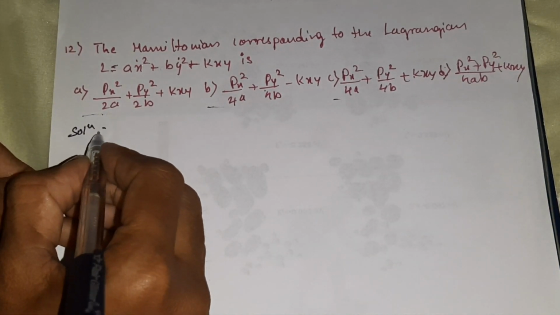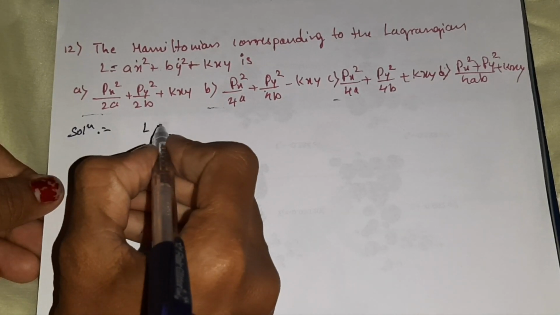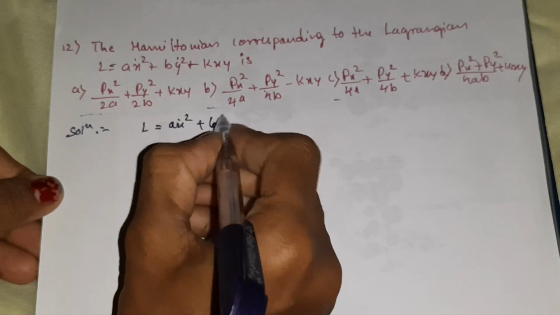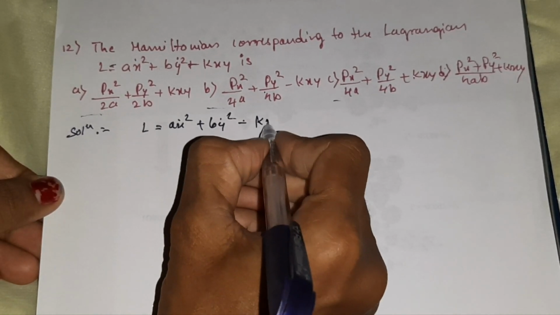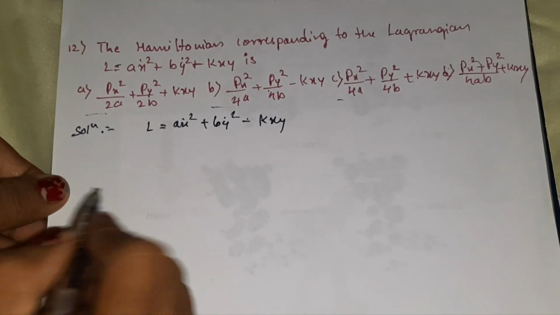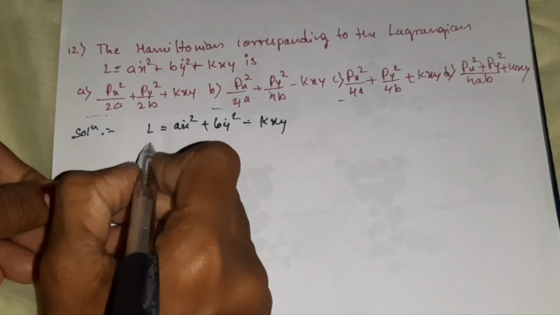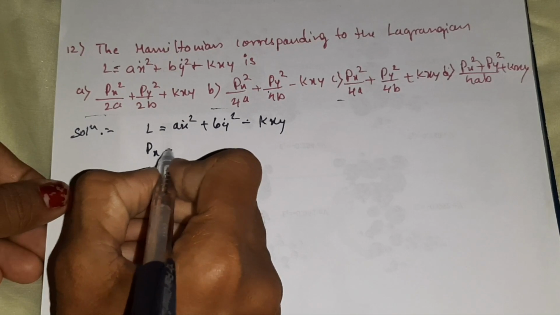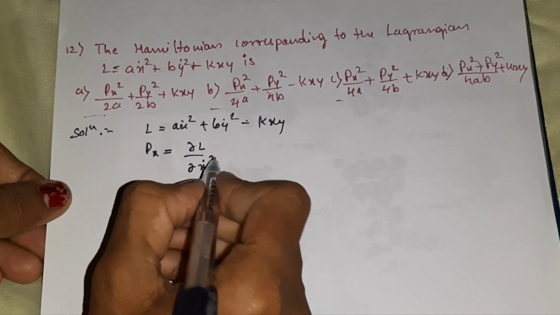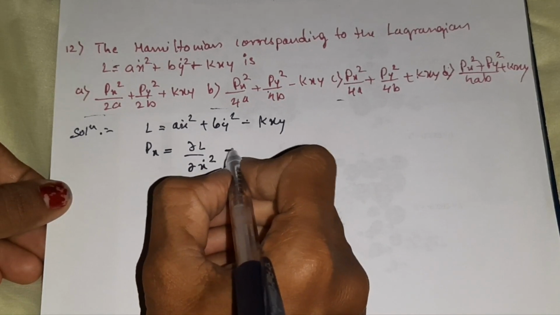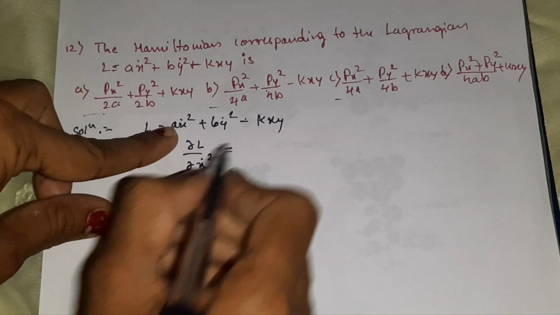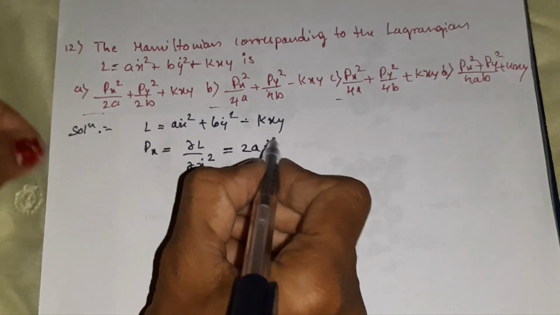Solution: L is already given, a x dot square plus b y dot square minus kxy. Here the canonical momentum px equals dou L by dou x dot. If we differentiate with respect to x dot, that is 2a x dot.